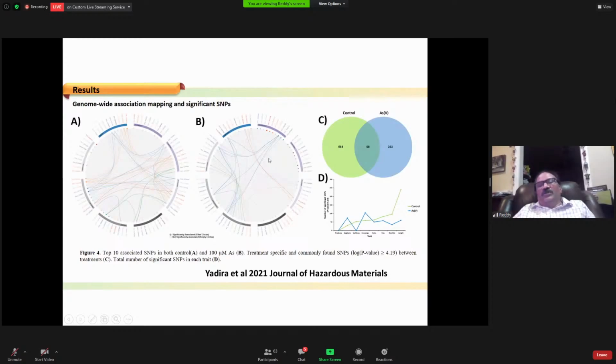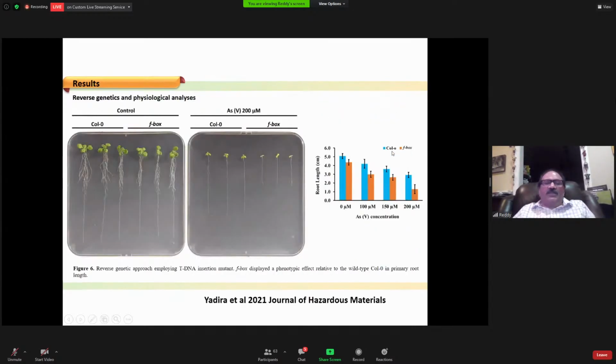So using the same Arabidopsis research, we have identified some very good genes, especially for arsenic resistance. And then this student tested 250 different mutants in this kind of media to identify this wonderful gene called F-box. Since this is published, you can read more details about it.